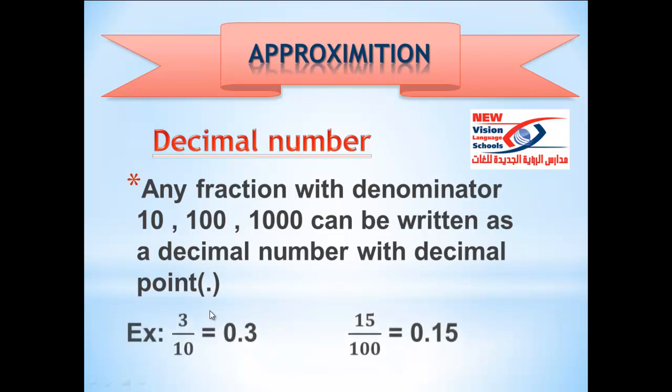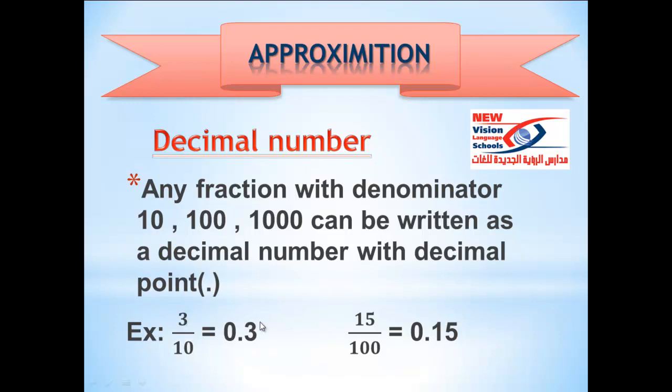For example, if we have 3 over 10, here is a fraction. Can it be written in decimal form? Yes, it can. As we took before in grade 4, to convert a fraction to a decimal, first put the numerator down.